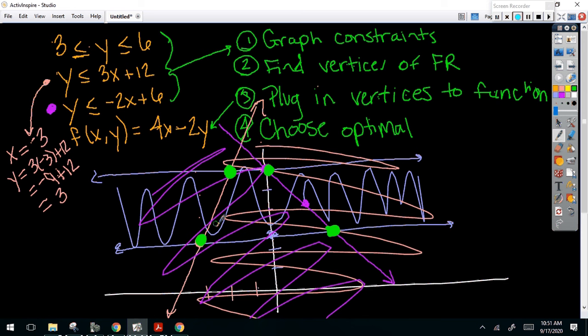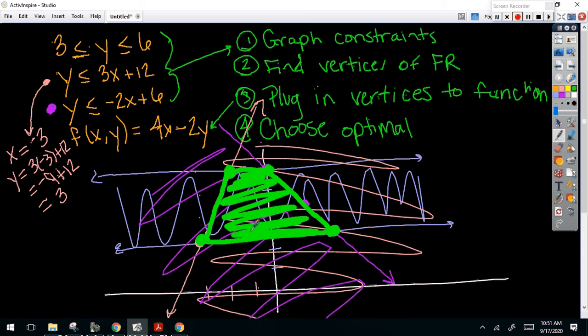And then this pink line is y equals 3x plus 12.